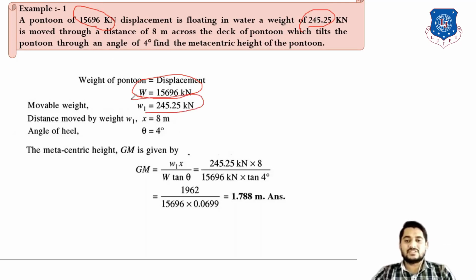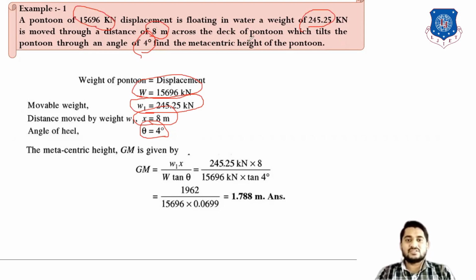So here W1 is equal to 245.25 kilonewton, which is moved through a distance of 8 meter across the deck of the pontoon. That means our distance x is equal to 8 meter and angle theta will be 4 degree. Find out the metacentric height of the pontoon.